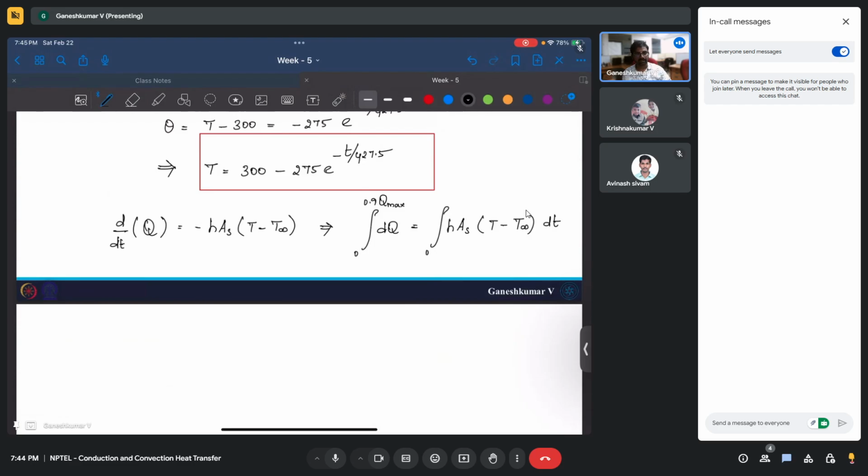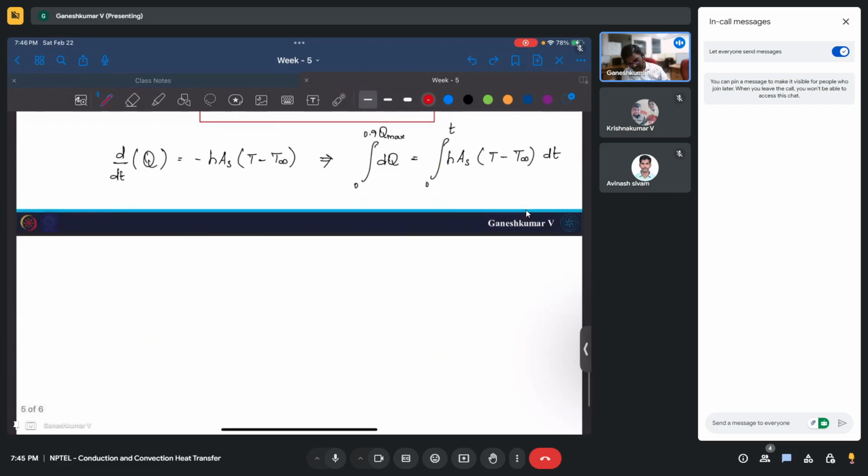Here we are integrating with respect to time, so we need 0 to t. This time is what we are interested in finding. So now this becomes simply Q, from 0 to 0.9 Q max, is equal to h, and A s is constant.